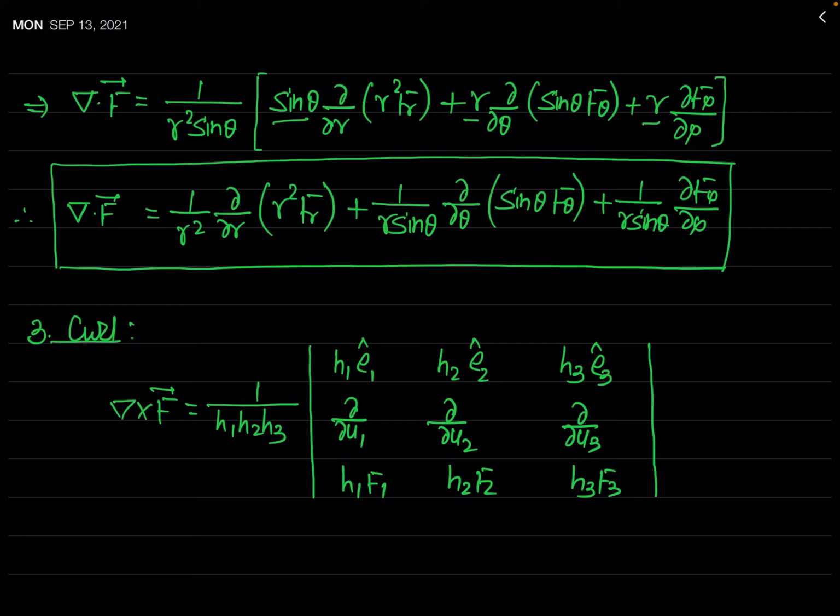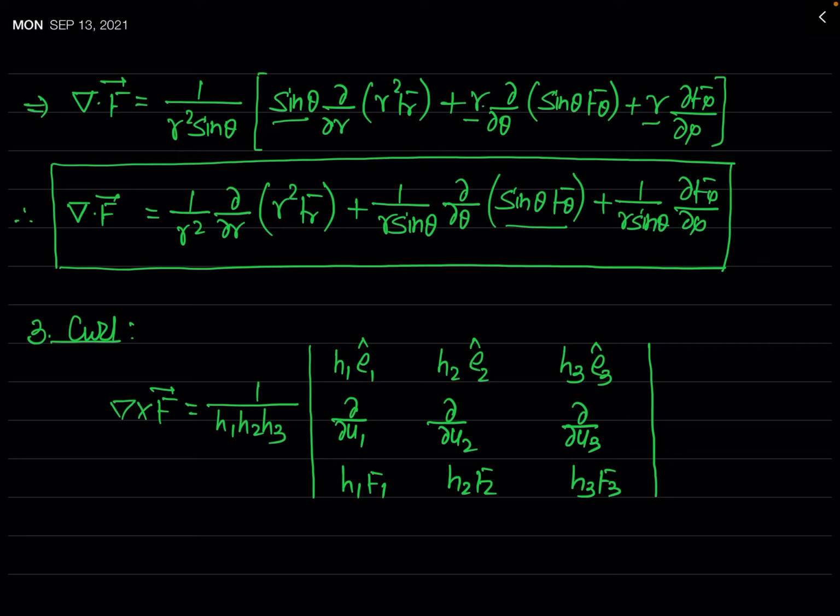You can see in the first term this sine theta and sine theta will cancel out, and so our result is 1 over r square del r square fr. In the second term, one of the r will cancel out, so this will be 1 over r sine theta del theta sine theta f theta.